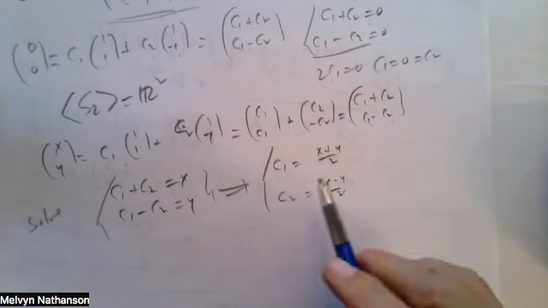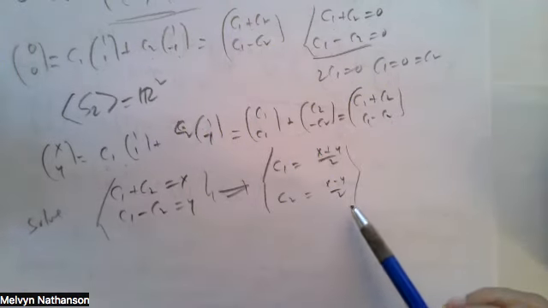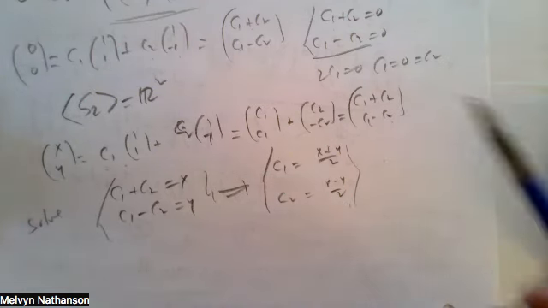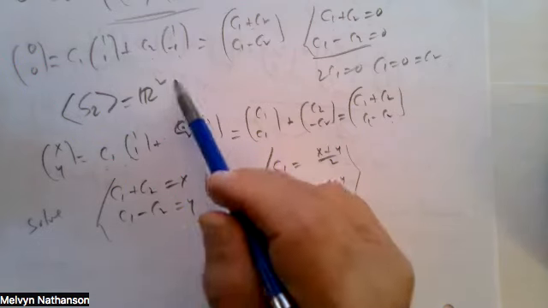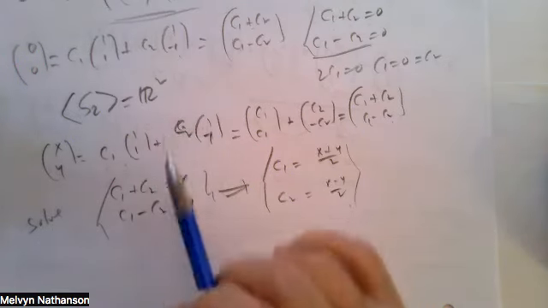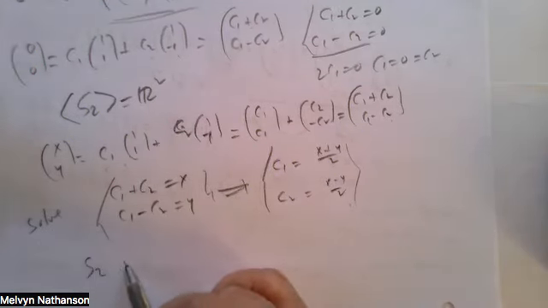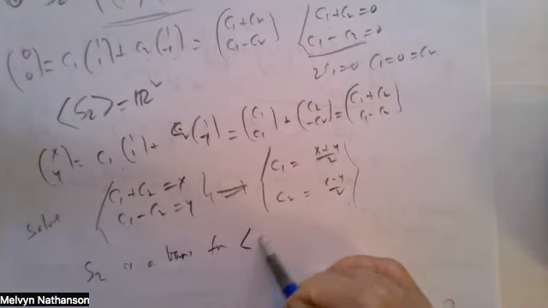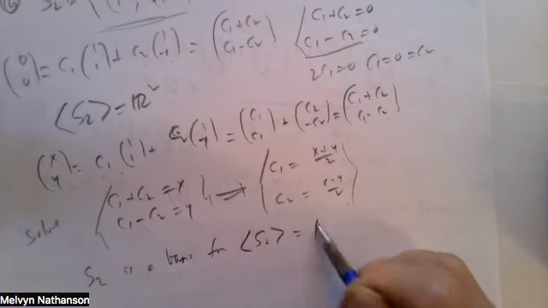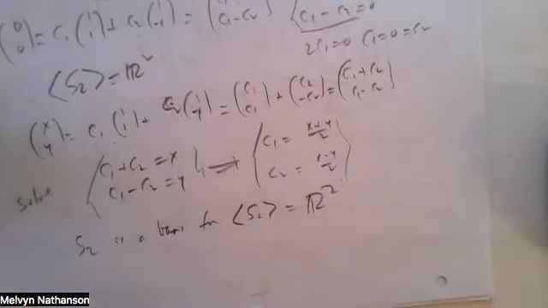I leave it to you to solve these equations, but there's this solution, and when you have it, you're done. So every vector is a linear combination of these two, and these form a basis. So S2 is a basis for the subspace generated by S2, which is all of R2.